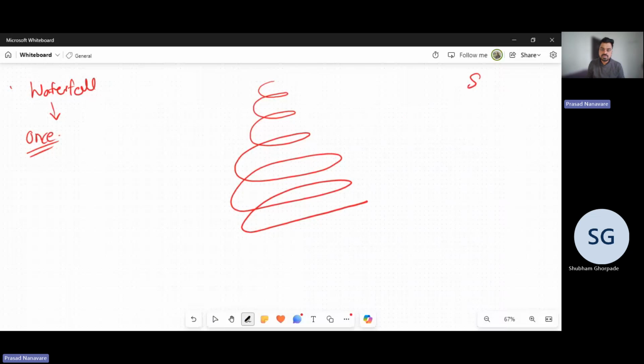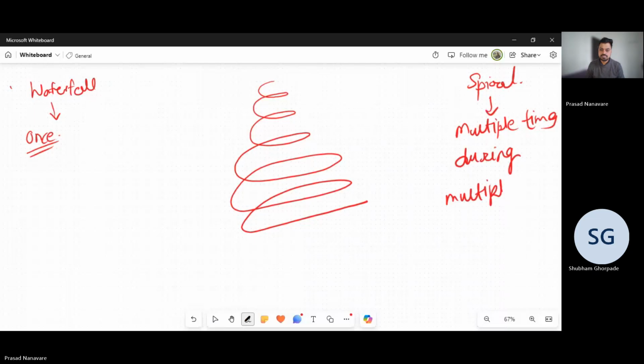In spiral, we build the system multiple times, during multiple phases of its design.